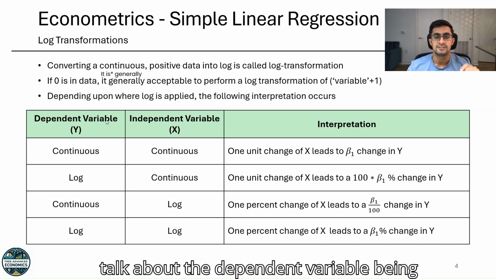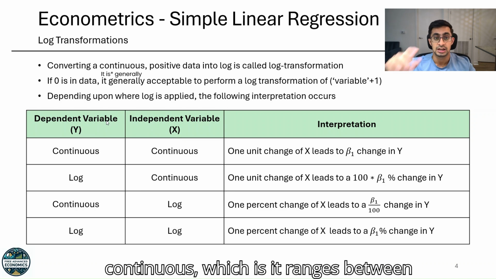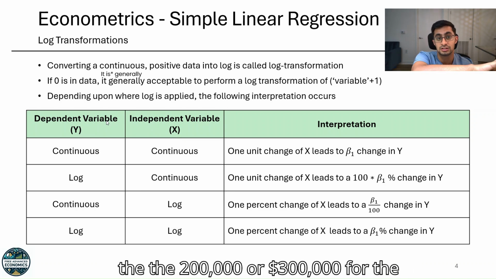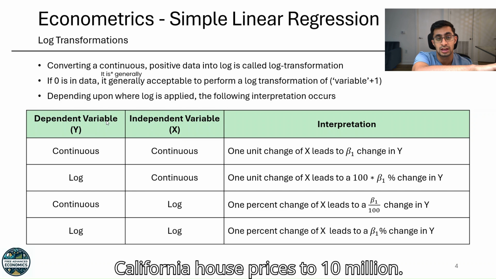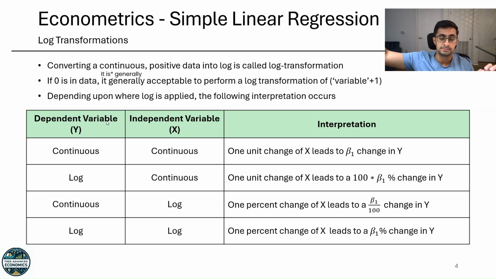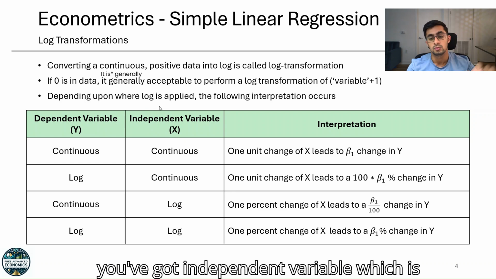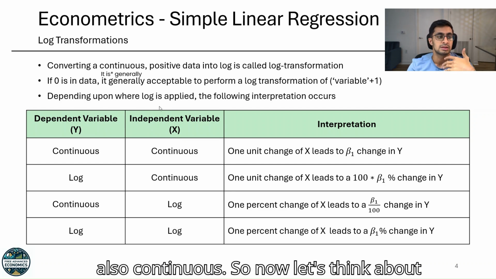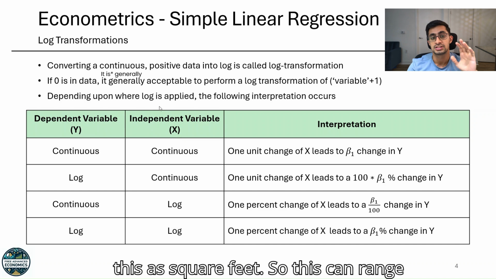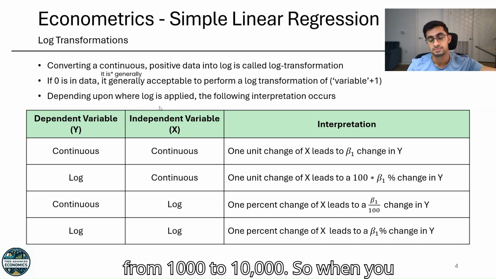Let's talk about the dependent variable being continuous, which means it ranges between $200,000 or $300,000 for the California house prices to 10 million. That's the continuous range. And then you've got the independent variable, which is also continuous. So now let's think about this as square feet, which can range from 1,000 to 10,000.